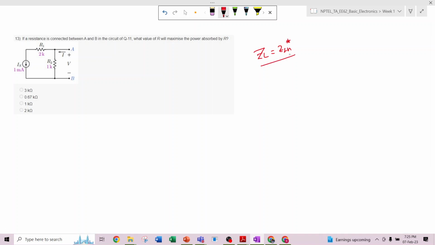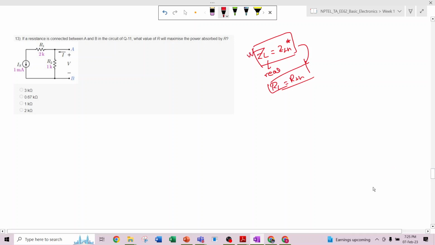So for the real case, if ZL is real, then this part becomes RL and this will become RTH. So RL equal to RTH is an extension of this formula. So you should always remember this formula: ZL should be equal to the complex conjugate of ZTH.